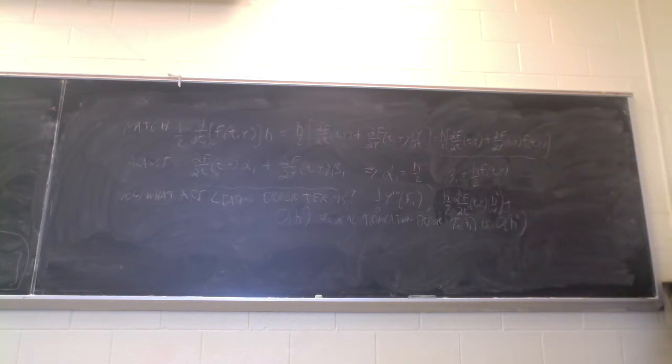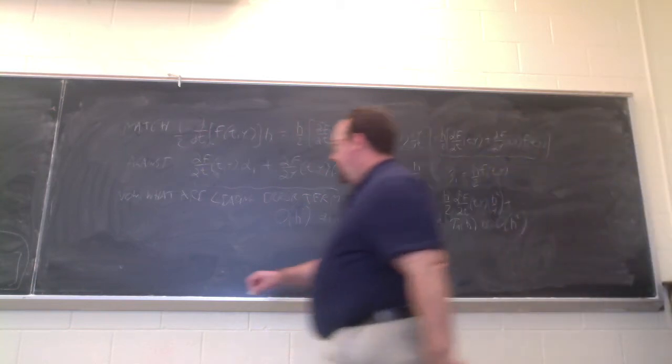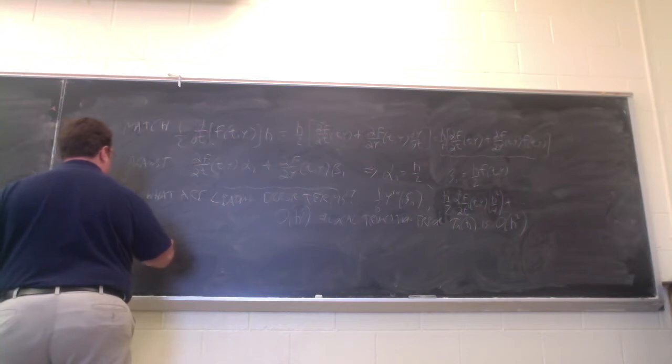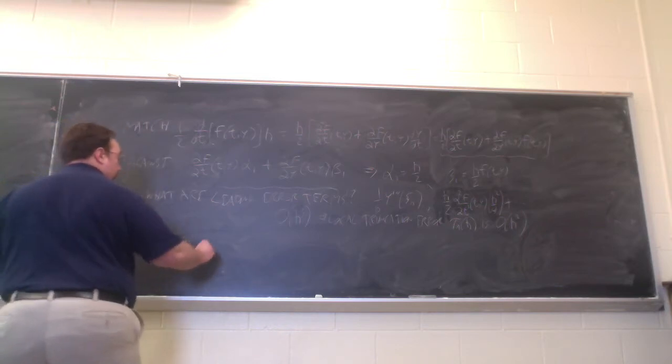So by choosing these parameters right, instead of just the simple choices of alpha 1 and beta 1 equals 0 and alpha 1 equals 1, that's Euler's method, the first order accurate. Now we have our Runge-Kutta or RK method. I can write out in full now.